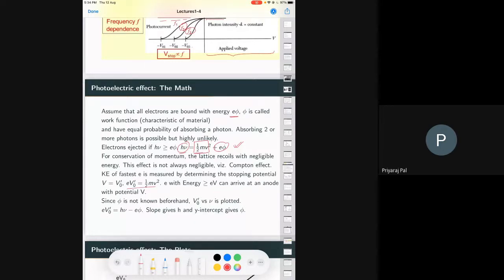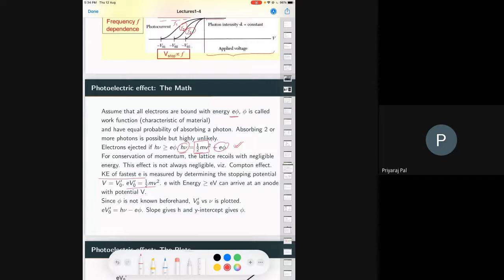But the stopping potential will tell you exactly the kinetic energy of the most energetic electron, which you can assume obeys this relation: the difference between the energy of the photon and the binding energy of the metal. Fine. So it is the kinetic energy of the fastest electron that is given by the stopping potential.